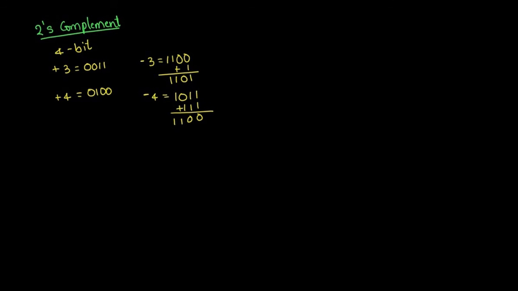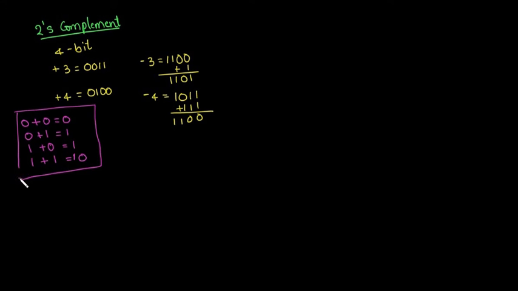The general addition for binary numbers is 0 plus 0 equals 0, 0 plus 1 is 1, 1 plus 0 is 1, and 1 plus 1 equals 0, and carry a 1 to the next bit position towards the left. This is the addition. So we have represented it in 2's complement.